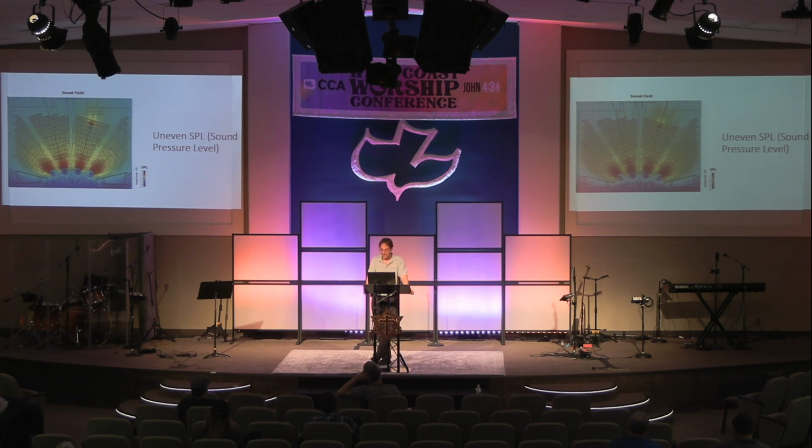It solved the problem in one dimension, but on the horizontal dimension, it's still inferior. If you try to cover the outside areas, then we're going to overshoot the room, and now all the energy is going to the back just to cover the front of the auditorium.